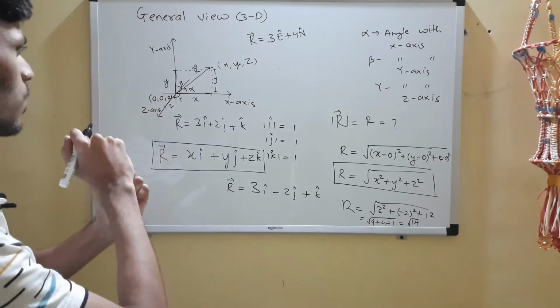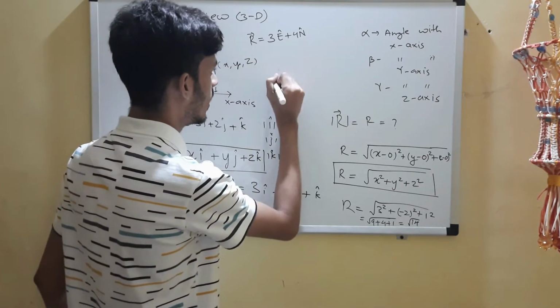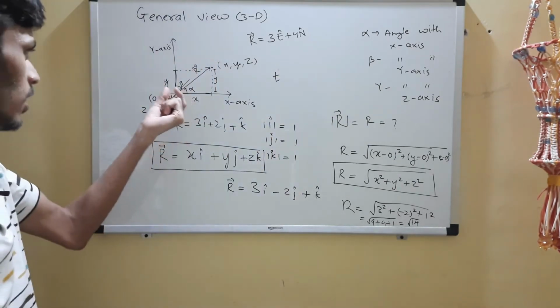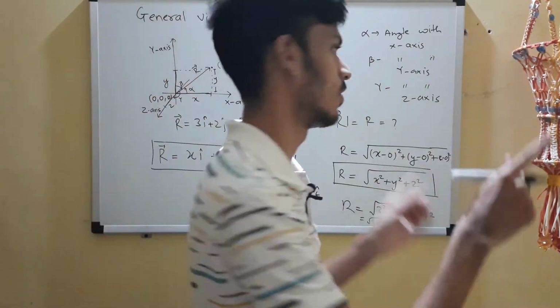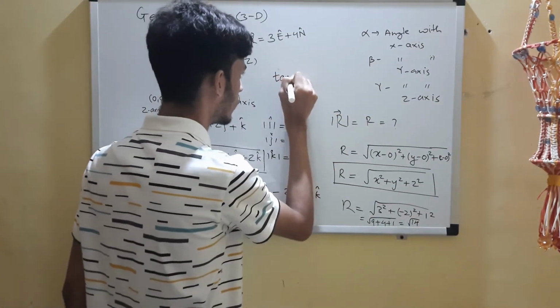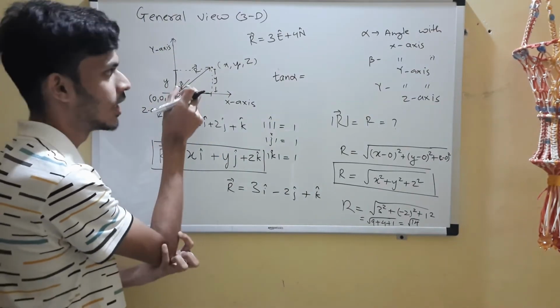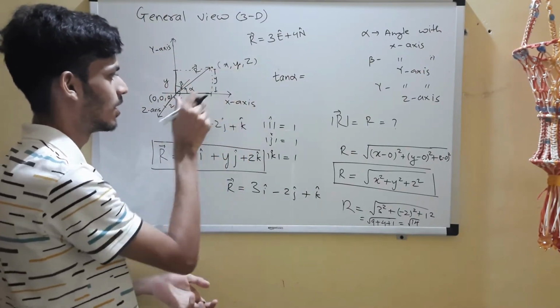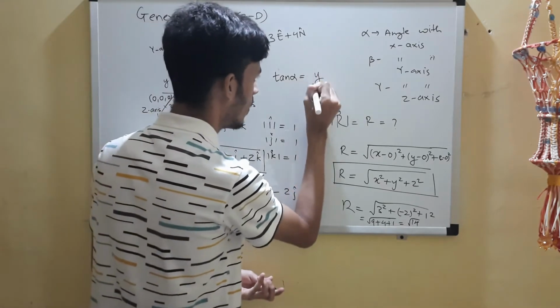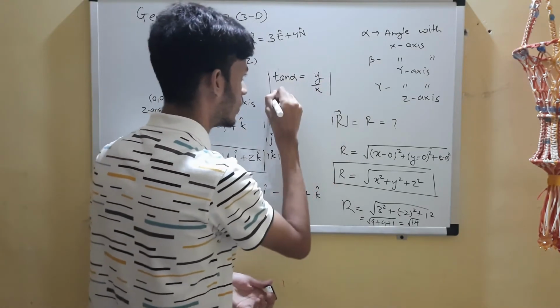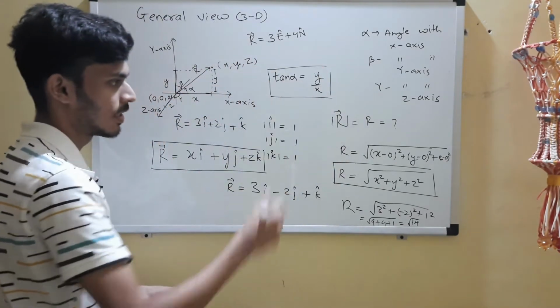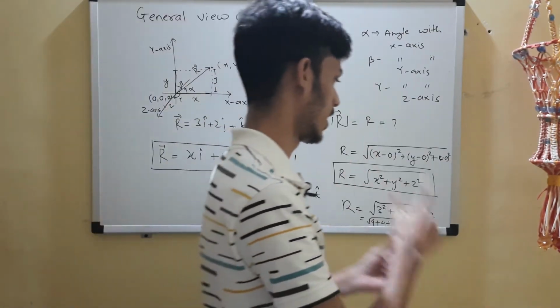More often than not, alpha is of significance. So you'll write tan alpha equals y by x, opposite upon adjacent, right? y by x. So you have the direction as well as the magnitude.